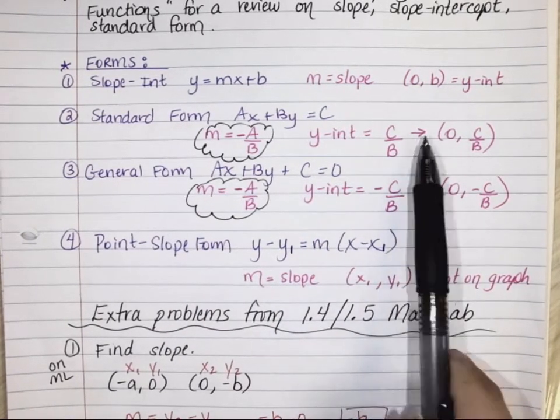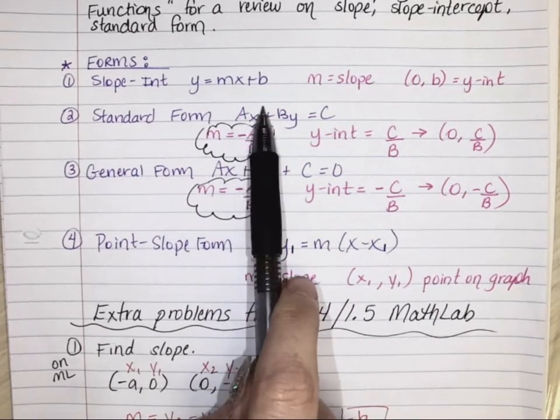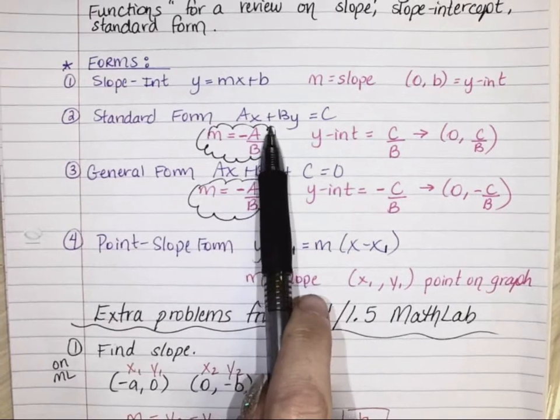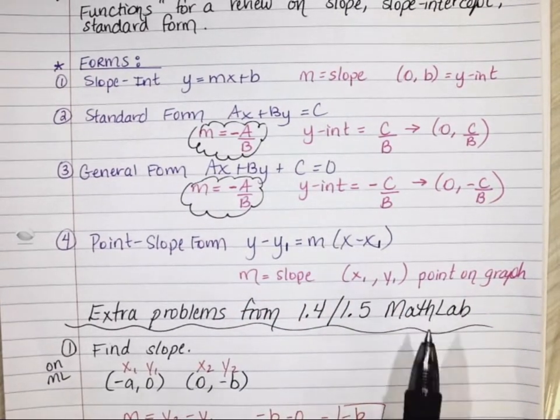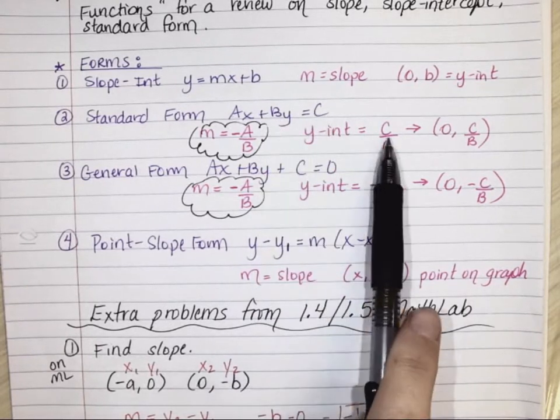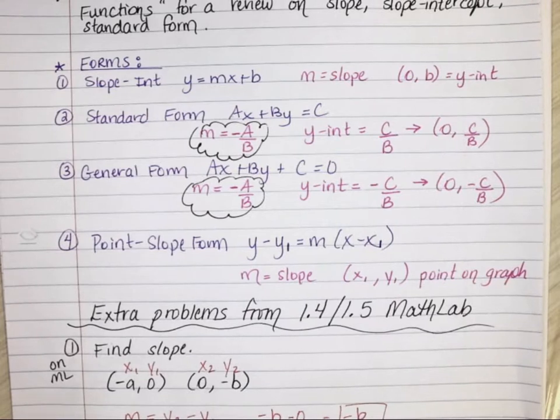Your y-intercept, you would plug in 0 for x, so that term would go away. You would solve by = c for y, so you would have to divide c by b. So that's where this comes from in ordered pair form. It looks like this.